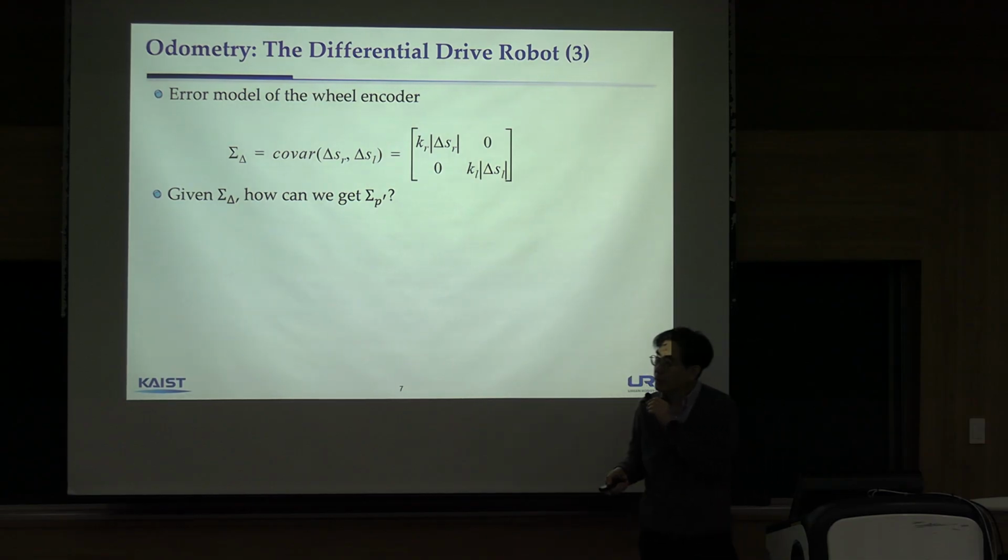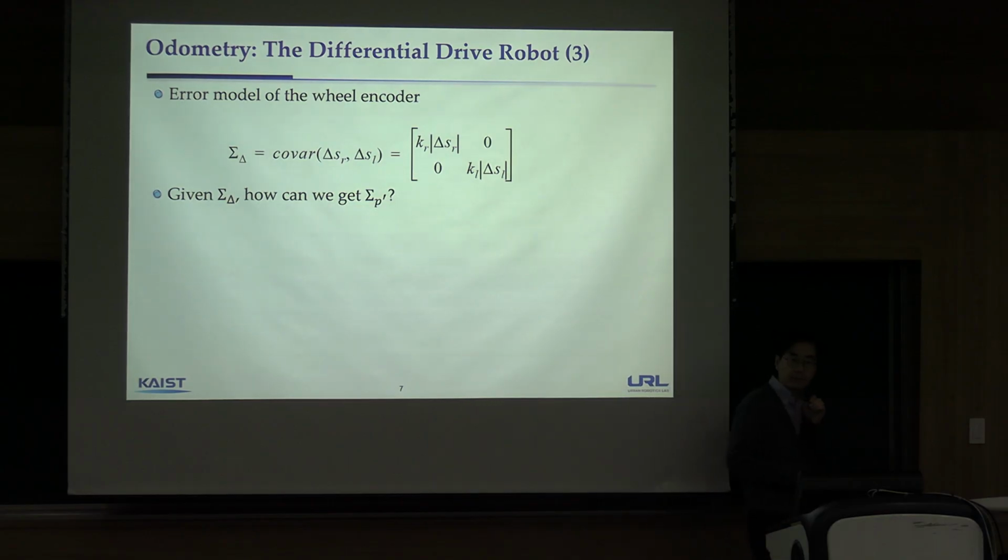But how do we get the uncertainty of the P prime? Sigma delta is easy to handle because we already know this information. We already measure it using the wheel encoder, so it is easy to obtain. But how do we obtain the uncertainty of the P prime?